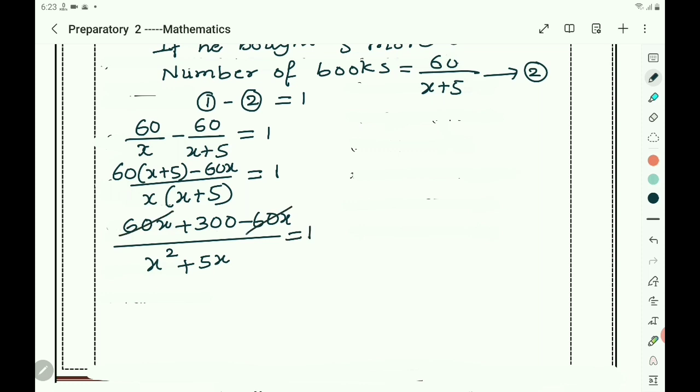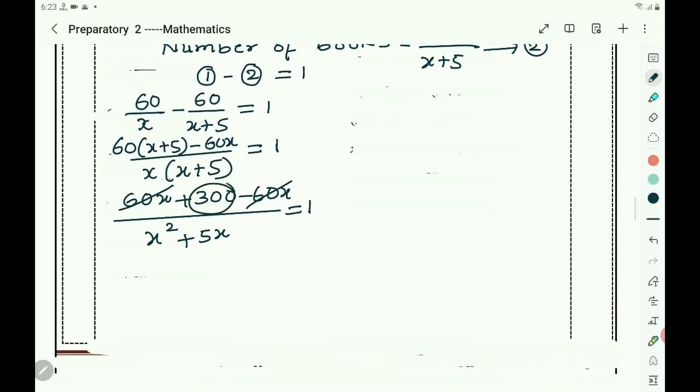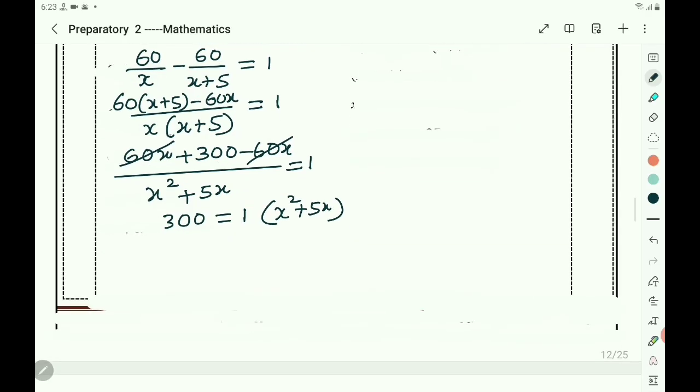Cancel 60x and minus 60x. In the numerator, what is remaining? 300. 300 equals 1 into x square plus 5x. Then 300 equals 1 into x square is x square plus 1 into 5x is 5x.